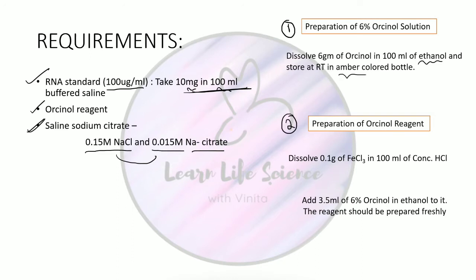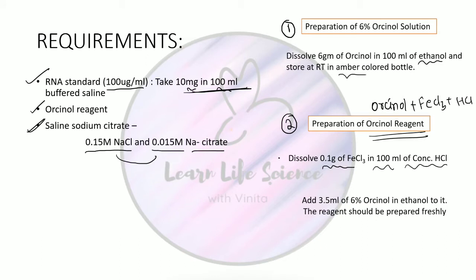Second thing is how you are going to prepare the reagent. The reagent consists of three components: orcinol, ferric chloride, and HCl. You will have to dissolve 0.1 gram of ferric chloride in 100 ml of concentrated HCl.